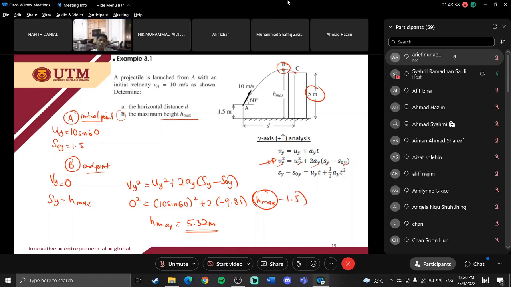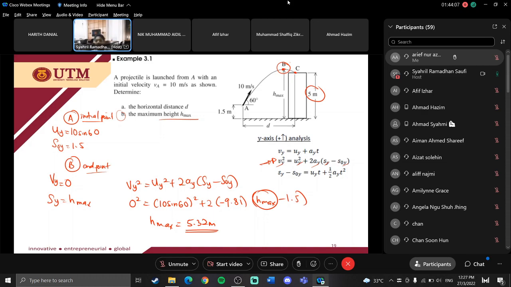Okay, so I think for the X and Y analysis of projectile, you need to understand the equations. When the question asks you to determine something like horizontal distance, you know horizontal distance is along the x-axis. So based on the equation on the x-axis, you refer to which parameter you don't know and which parameter you can relate to the y-axis.